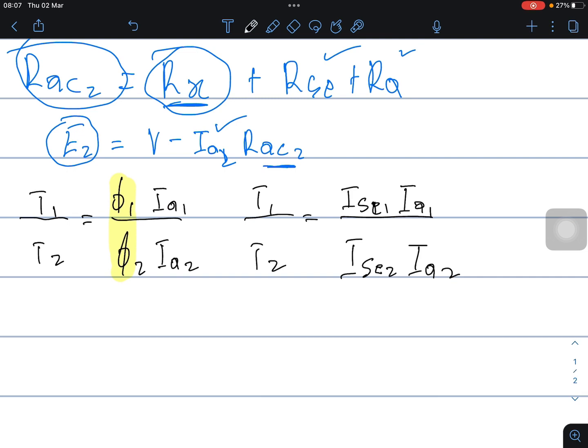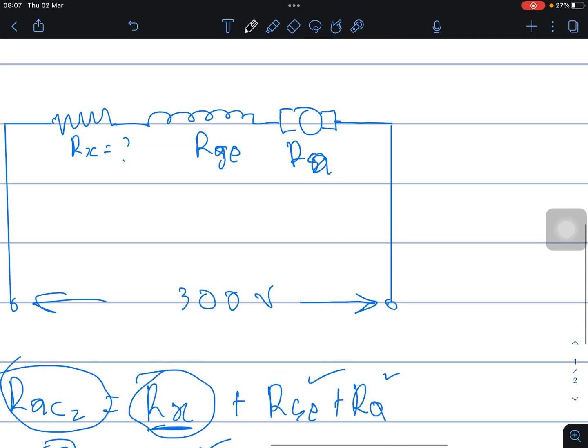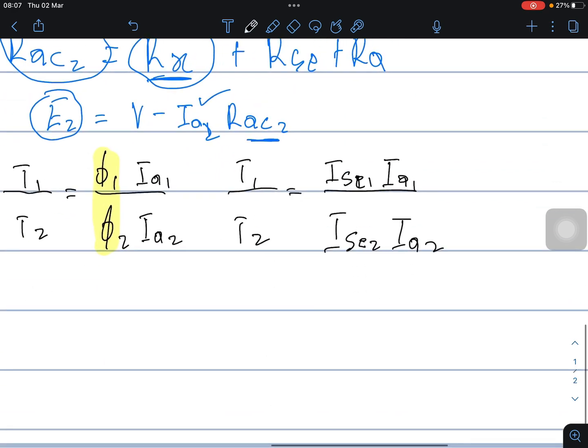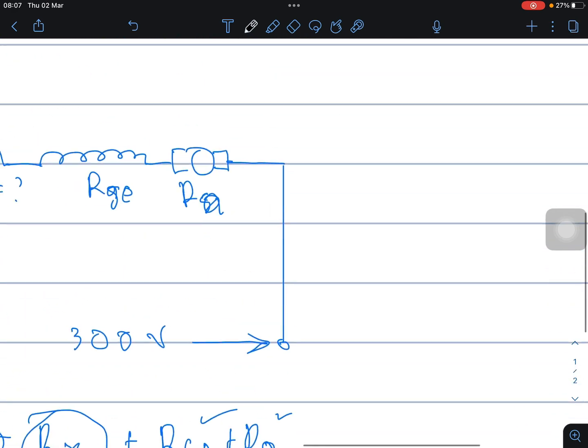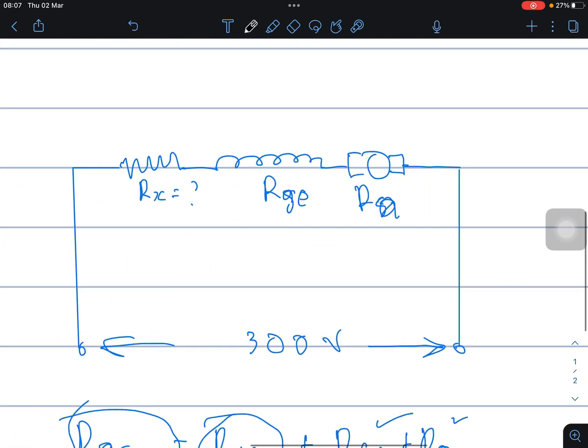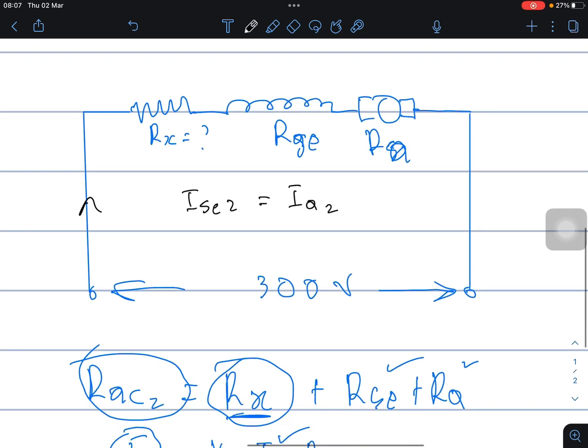Remember another thing: I series 2 and I armature 2 are the same, and the current is split.